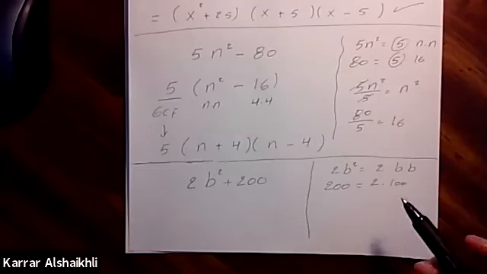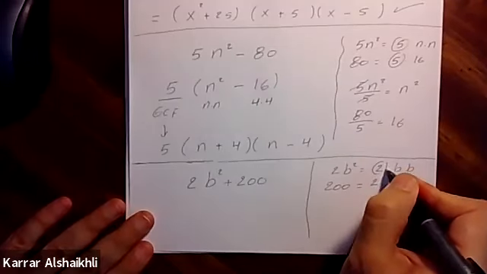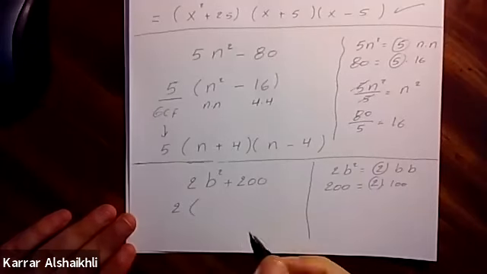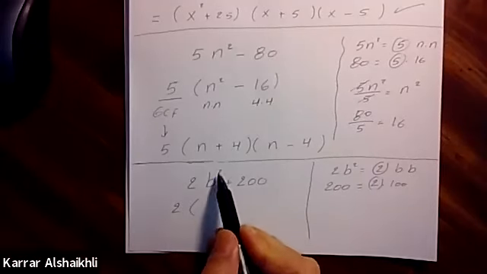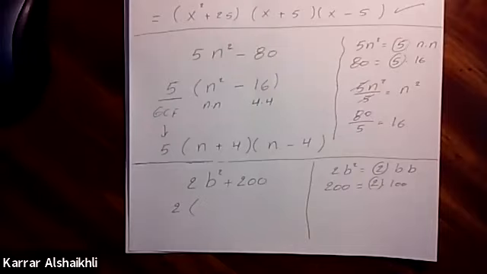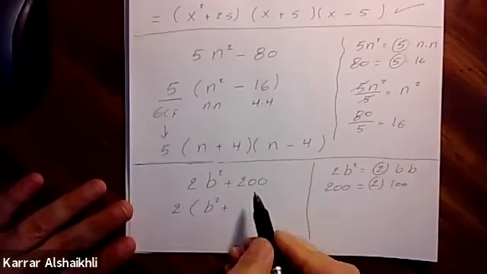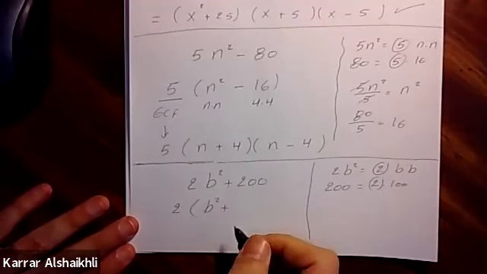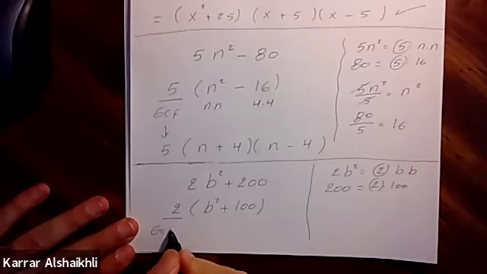Because I need to find the common. 2 times 100 is 200, and the common is what? 2. So I'm going to write down 2. Tell me the leftover here. 2b squared divided by 2 is b squared. Plus 200 divided by 2 is 100. Now this is the GCF.